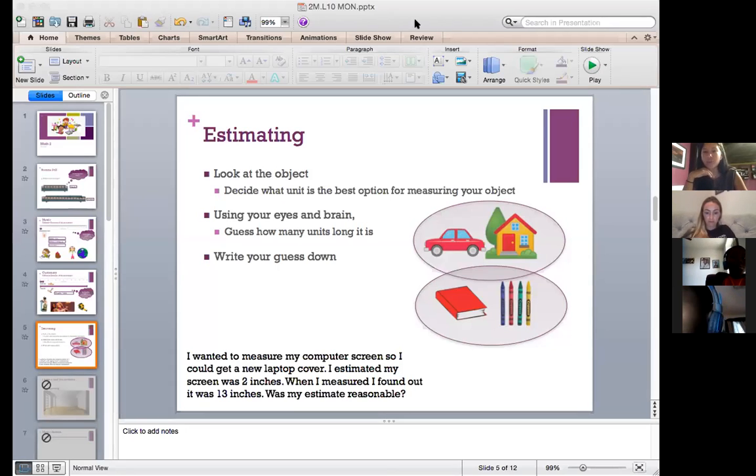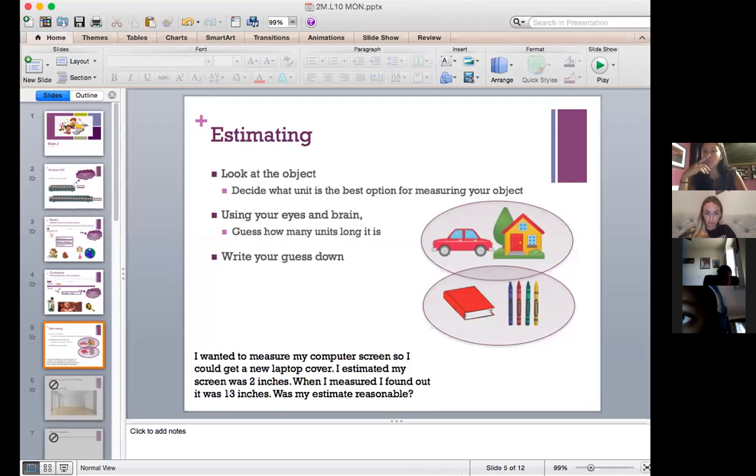And with that story, thank you, Kofi, we are going to move into independent practice because you are going to practice understanding if an estimate is reasonable or not. So before we do that, I want to look at this PowerPoint and show you. It is really important, and we're going to work on this more tomorrow, to decide which unit is best for measuring the object.